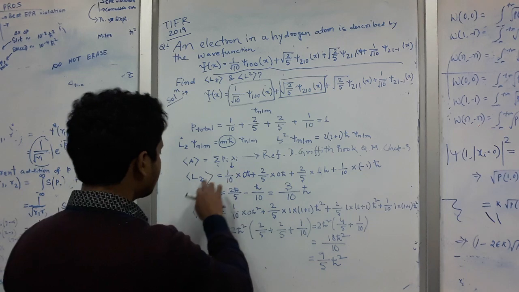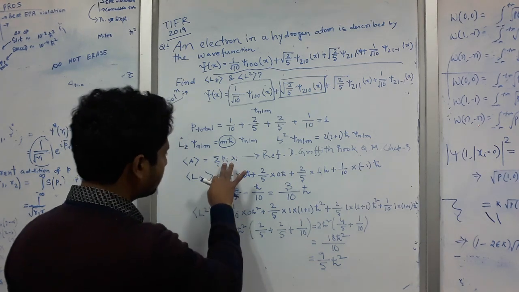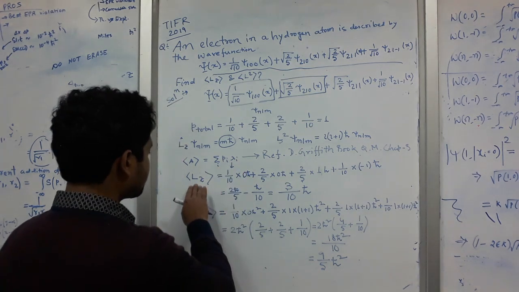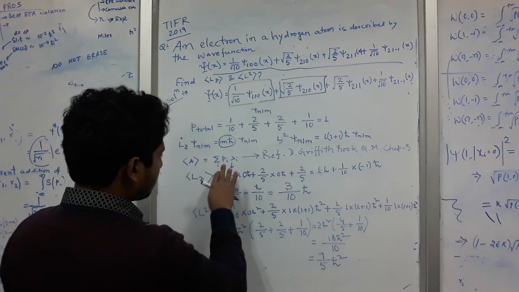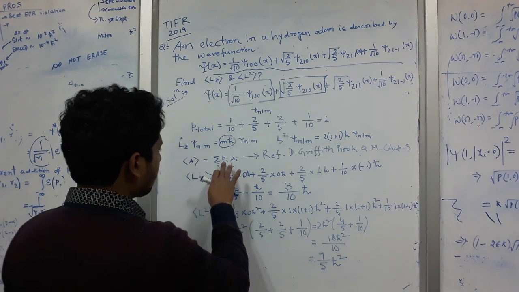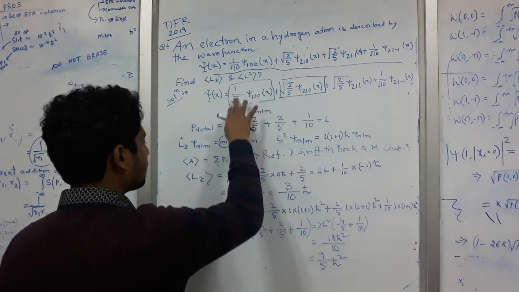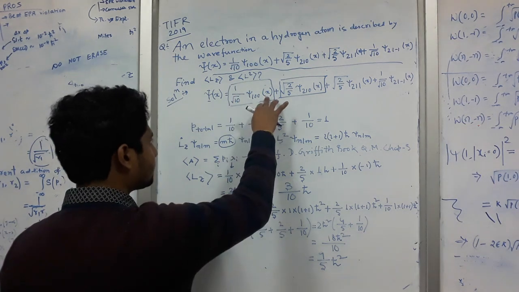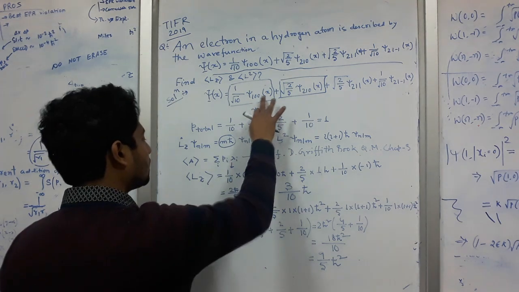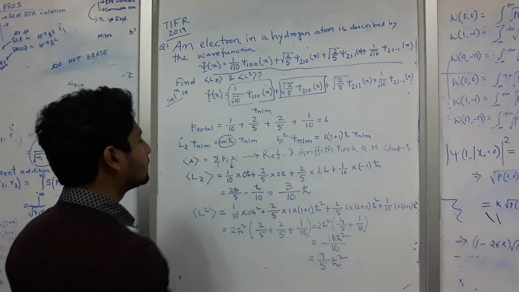So if I look at Lz using this formula, what is the probability of this state? 1 by 10, and what is the eigenvalue? 0 h bar.